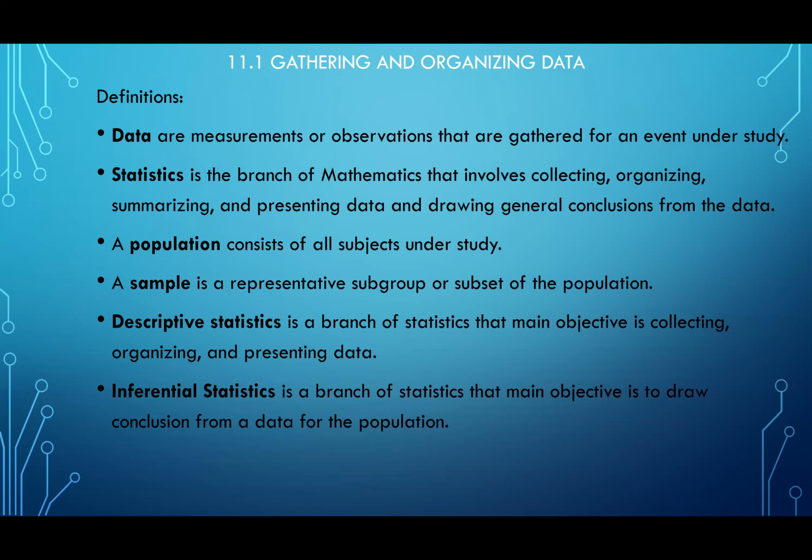Okay. And again, the two branches of statistics you will see, I don't think they ask you, but again, descriptive statistics, and that's what we will do a lot. Descriptive means we collect data, organize, and then present it. Inferential statistics is where you have to test your data.